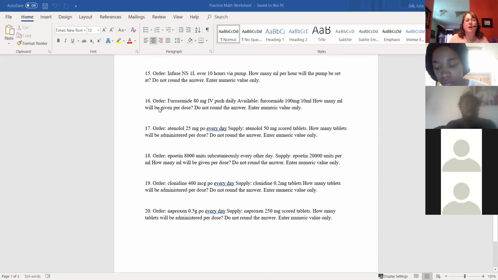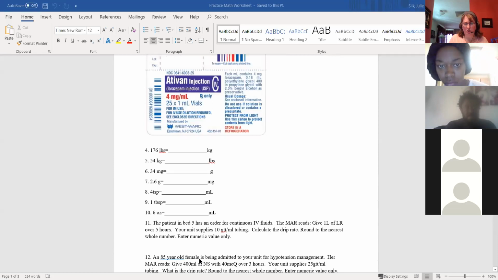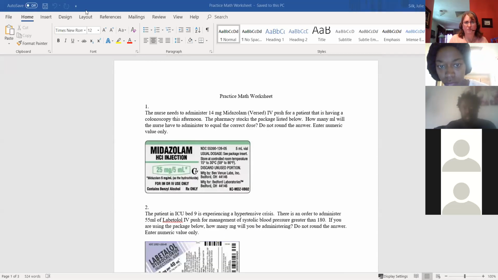And then the rest of the test will be basic stuff that you've had before. These two have different problems where you have to convert. So this is 400 micrograms, and what you have is milligrams, so you have to convert. That's what you can expect for your math test.